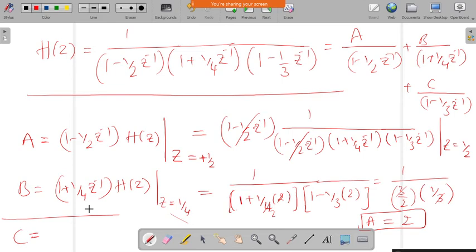Sir, 3, sir. Yeah, b is 3. Okay, c value?